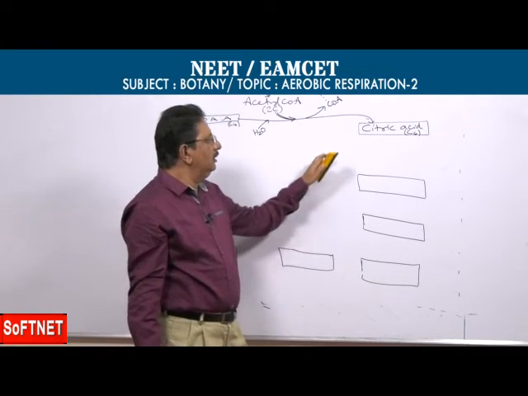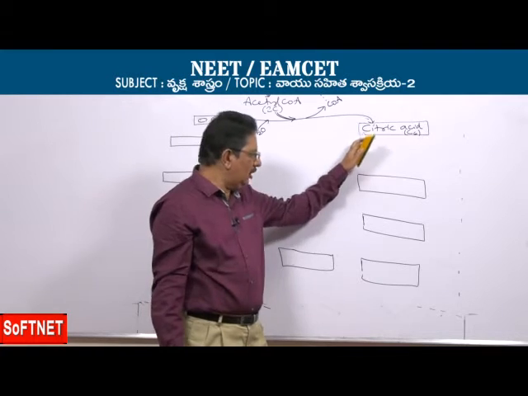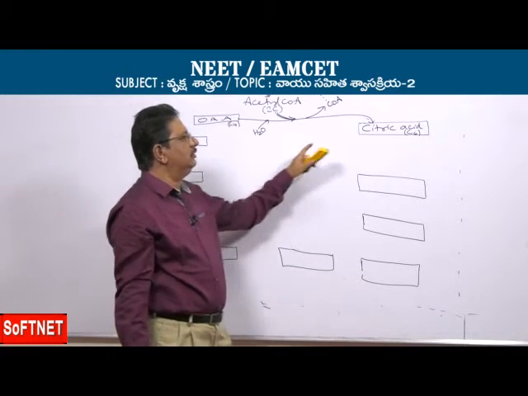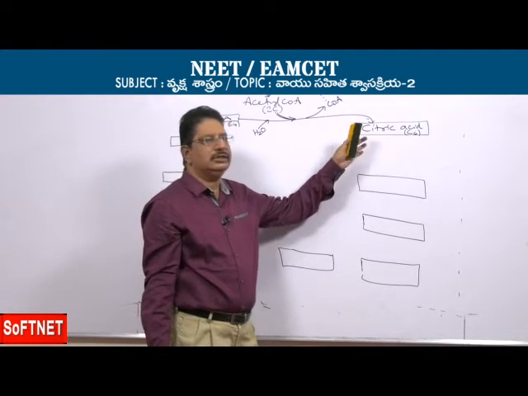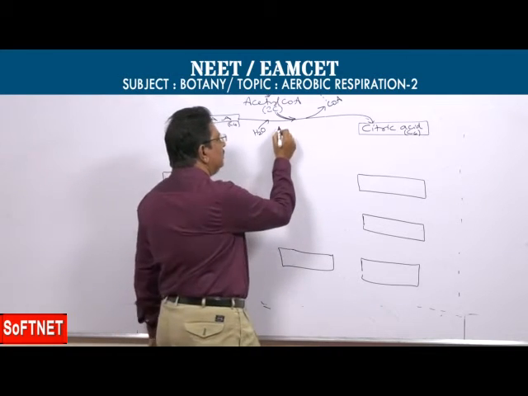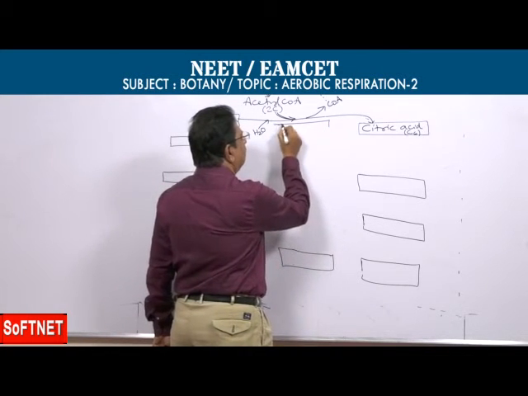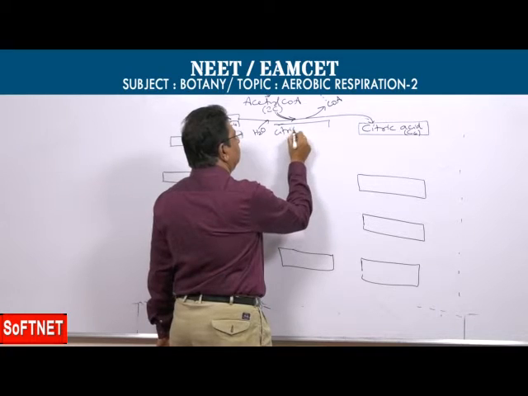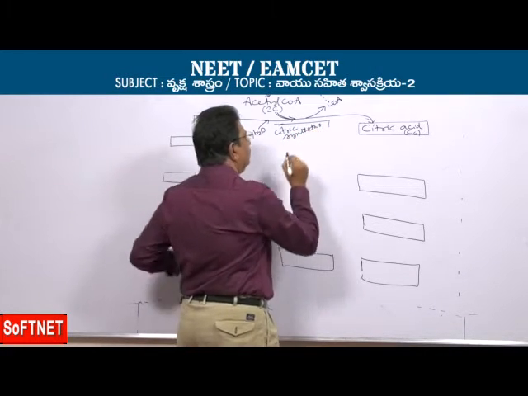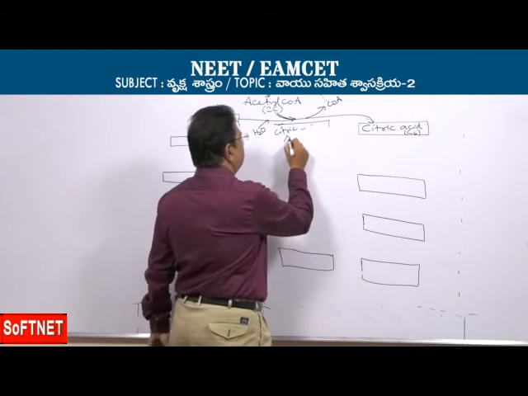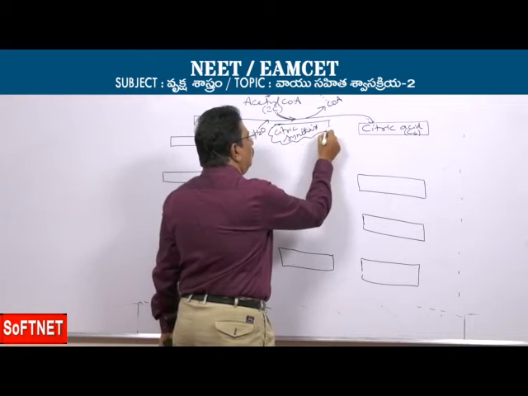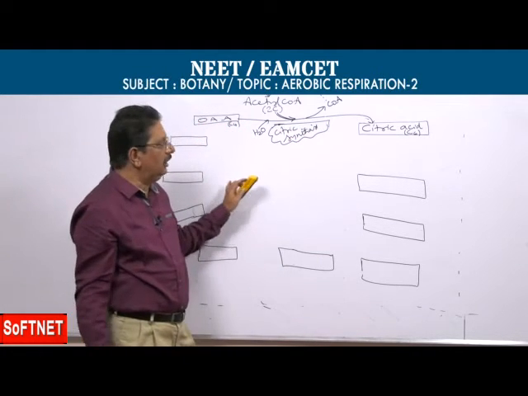So as already discussed, the first formed compound among the different intermediates of the TCA cycle is citric acid, hence it is aptly named the citric acid cycle. And the enzyme for this reaction is citrate synthase. So citrate synthase is the enzyme which catalyzes the first reaction.